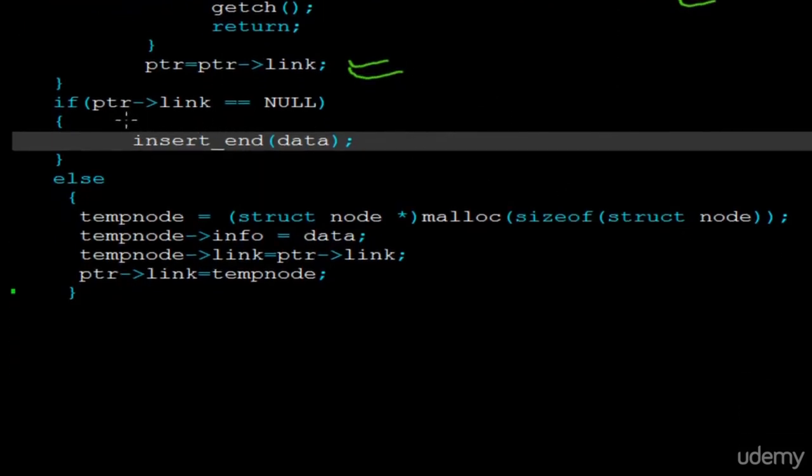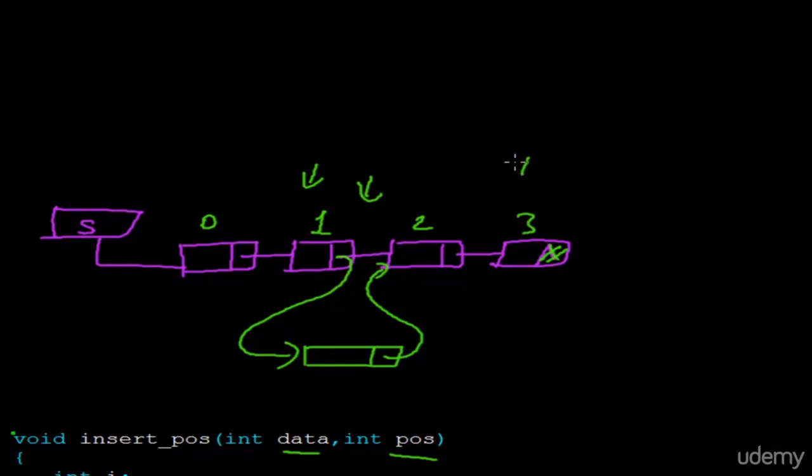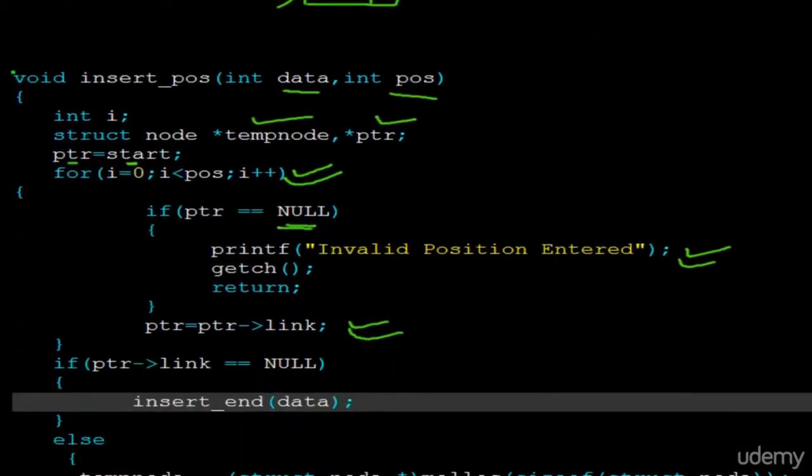Now, if ptr's link part is null, meaning the position entered is this 3 and its link part is null, then which function are we simply calling? Insert at the end. Our work will be done.